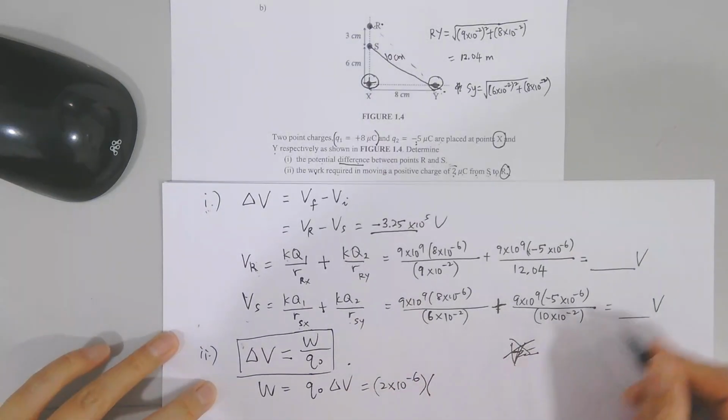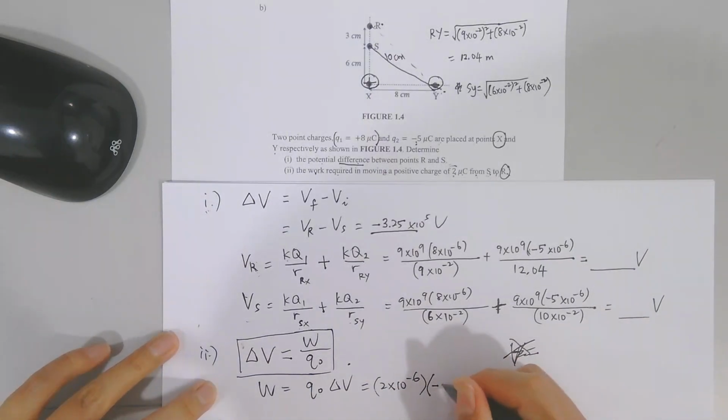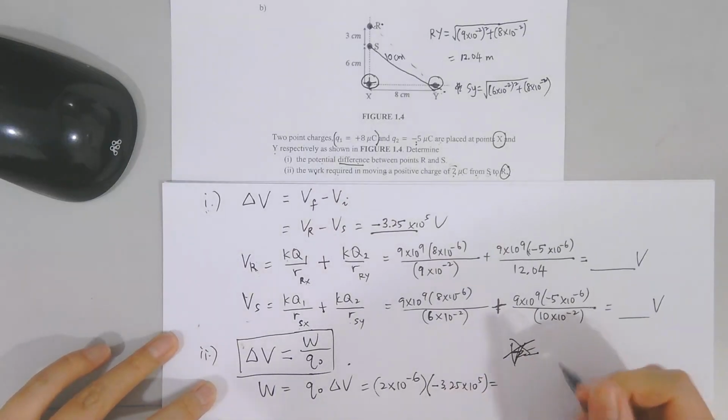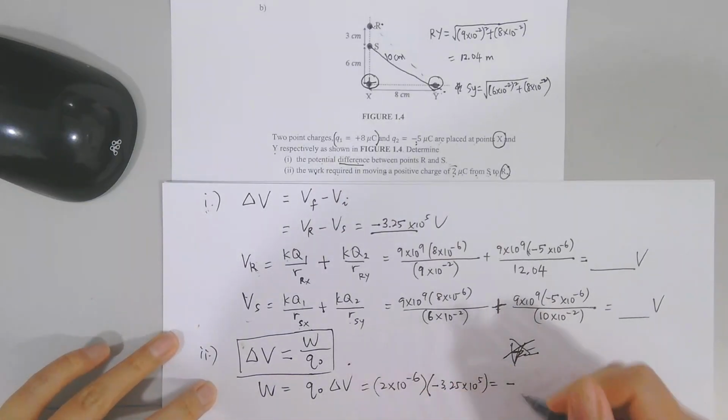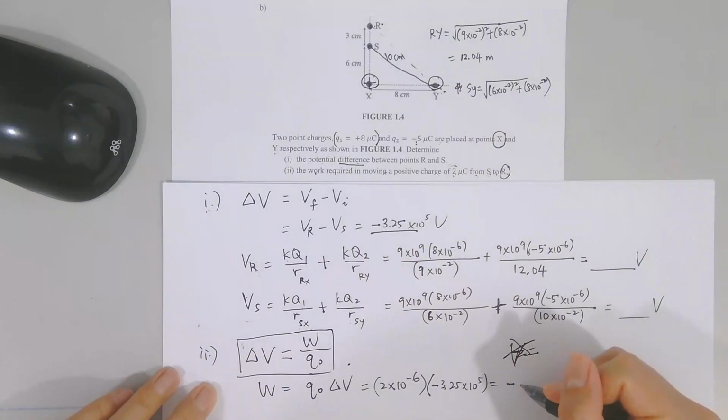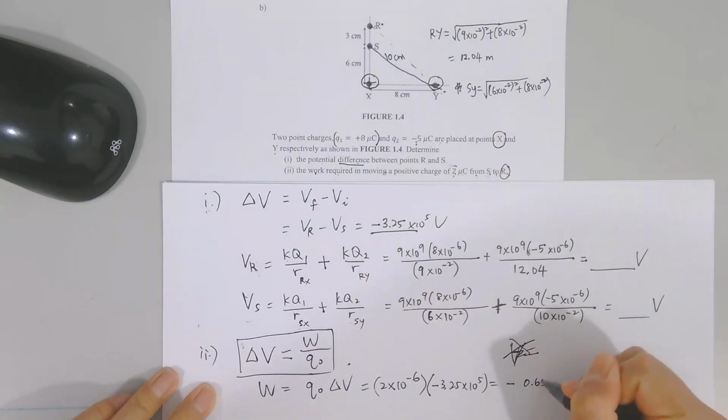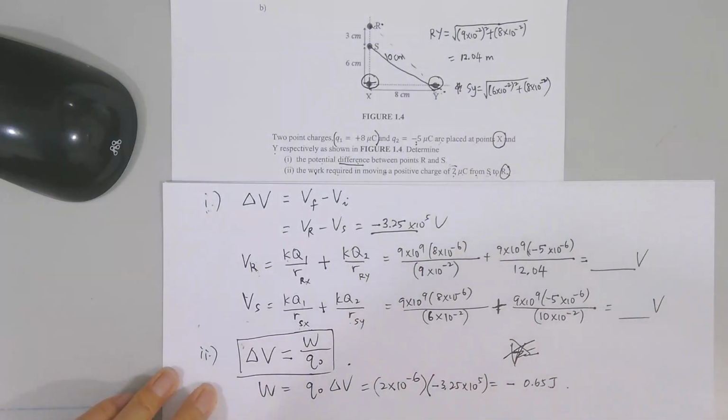And what is the value for the delta V? Negative. Kalau di sini ada negative, bawa je negative sign ni ke sini. So here, kalau you cuba selesaikan ni, you get this answer. Okay, so that's all for this video.